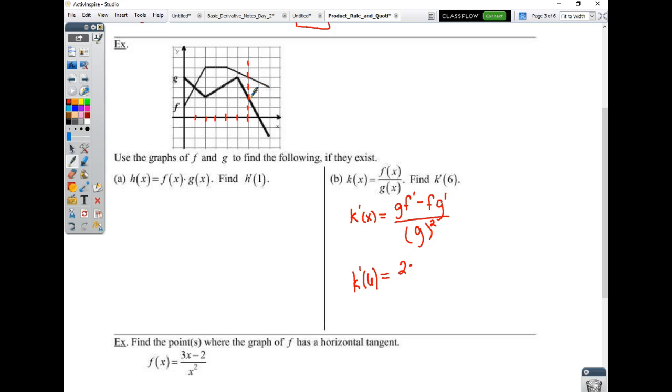No. -1/2. Were you looking at G by chance? Were you looking at G? Oh, okay. How do we get that? Well, this line has a slope of.